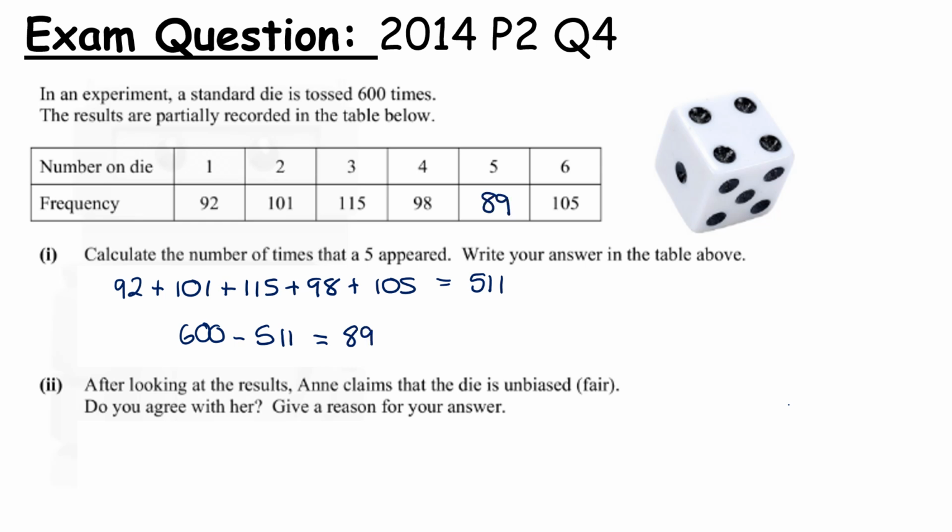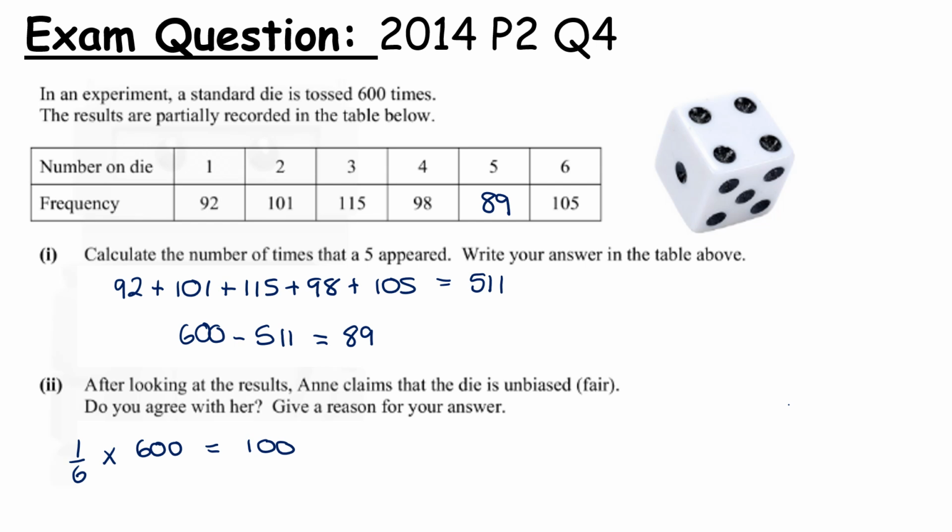After looking at the results, Anne claims that the die is unbiased, so it's fair. Do you agree with her? So it was tossed 600 times, so 1/6 of 600, we would expect that each of the numbers comes up about 100 times. Now, what they're really looking for here is to understand that we're expecting them to come up 100 times.